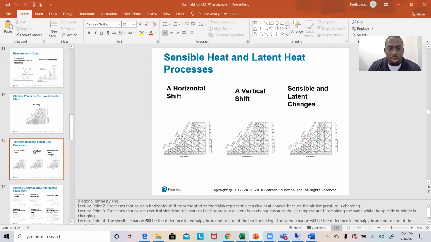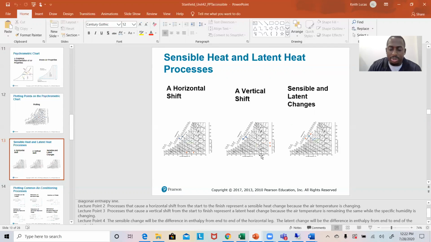Processes that cause a vertical shift from start to finish represent a latent heat change because the air temperature is remaining the same while the specific humidity is changing.